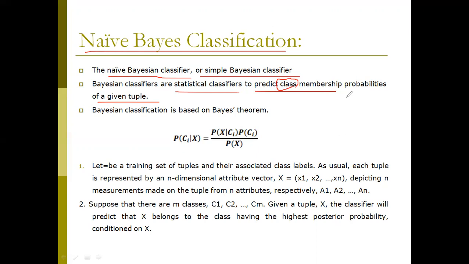What is the probability of the class labels for a given data set or tuple? We are going to find that out by using these Bayesian classifiers.